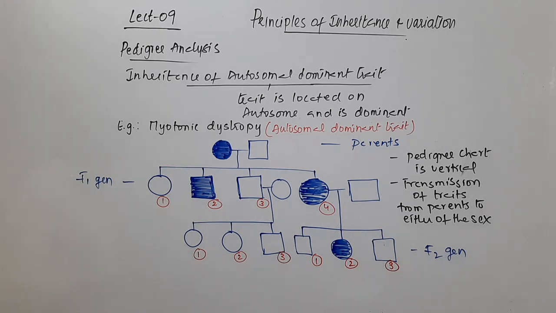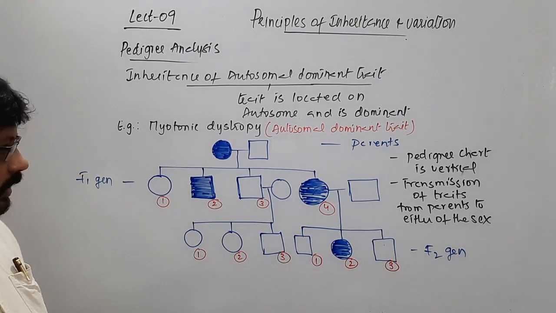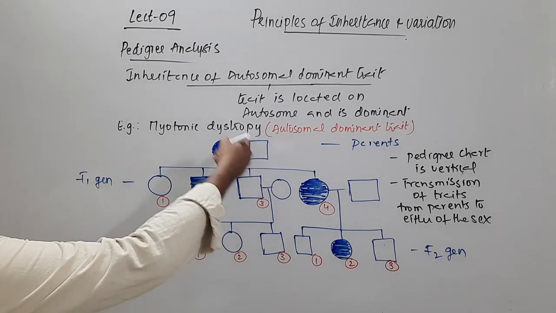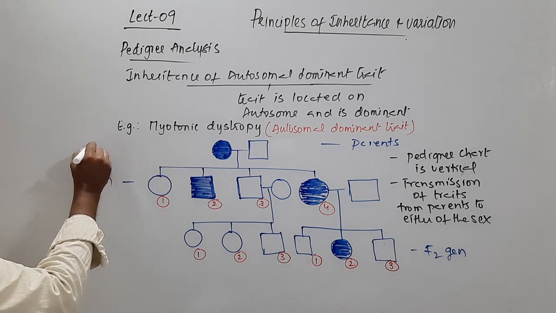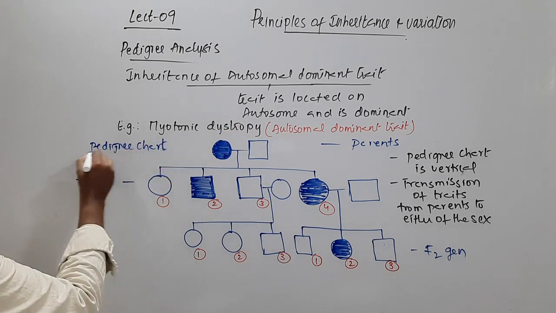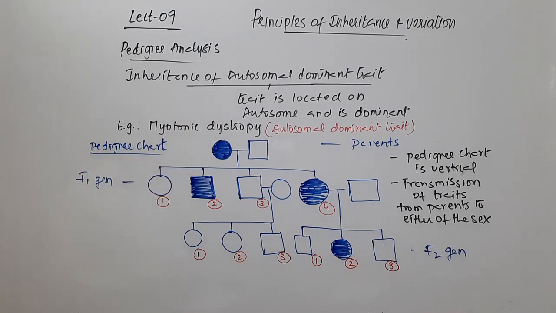So that is about the inheritance of autosomal dominant trait. We'll also see how the inheritance of autosomal recessive trait takes place, and I will discuss that in the next session. So this is the pedigree chart in case of autosomal dominant trait.